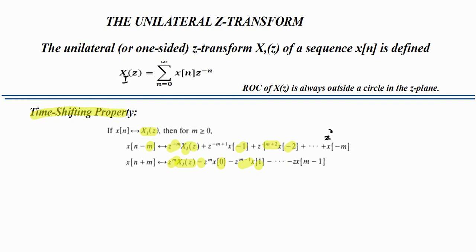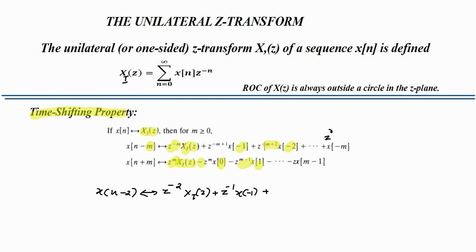I'll give you one example of how we write it. For example, x of n minus 2, and the one-sided z transform will be like this. We can write z raised to minus 2 into x 1 of z, the one-sided z transform, plus z raised to minus 1 into x of minus 1, plus, sorry, already we got z raised to minus 1, there is no z power now, it becomes z raised to 0 actually.